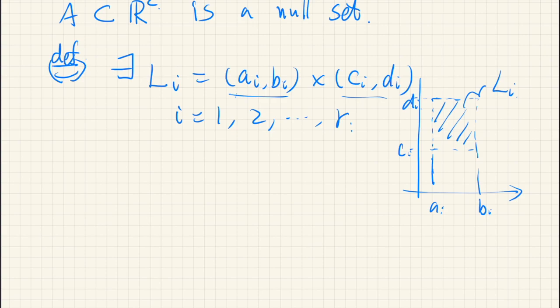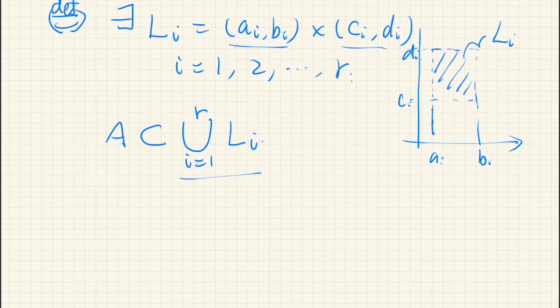So first of all, a finite number of such open regions exist such that A is a subset of the union of these open rectangles, which means L_1 union L_2 union, and so on, union L_r.